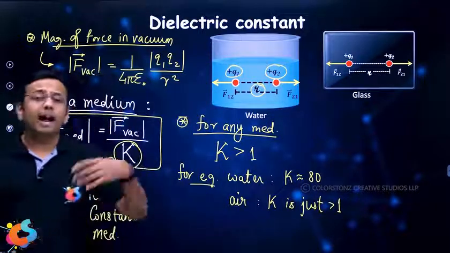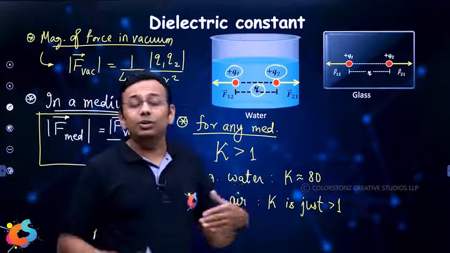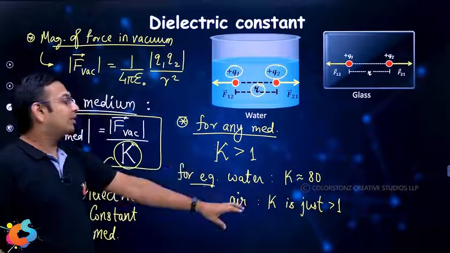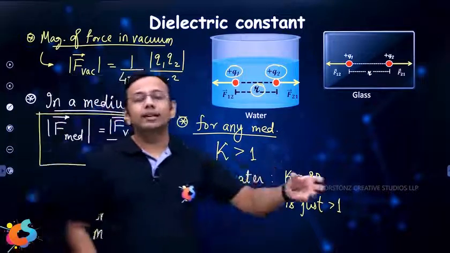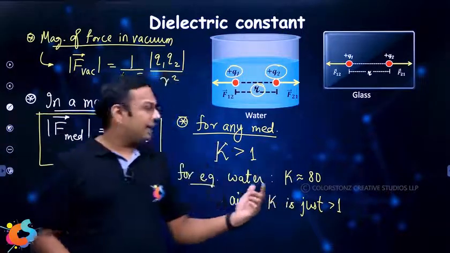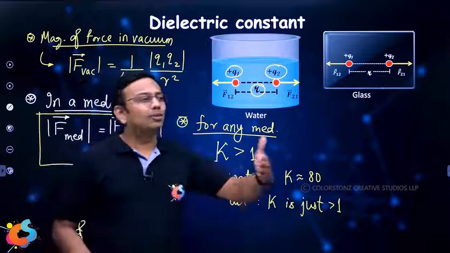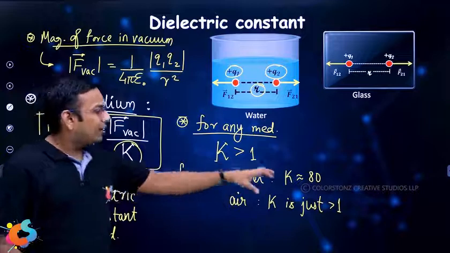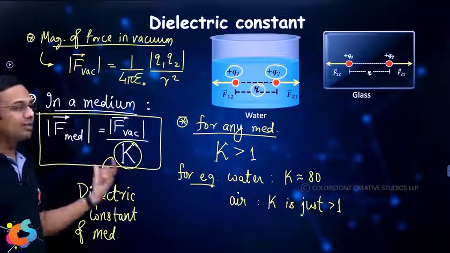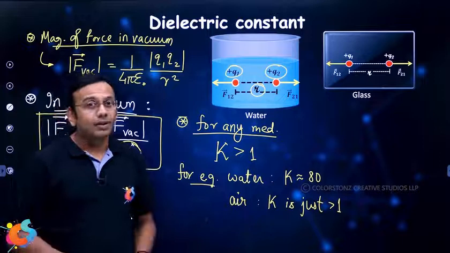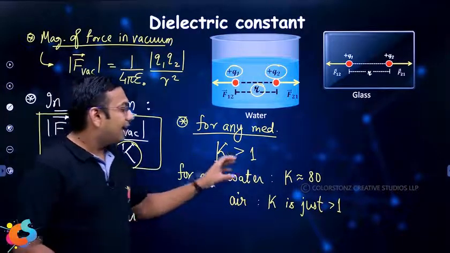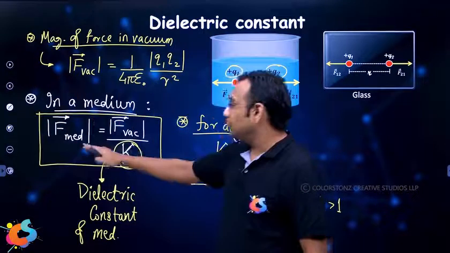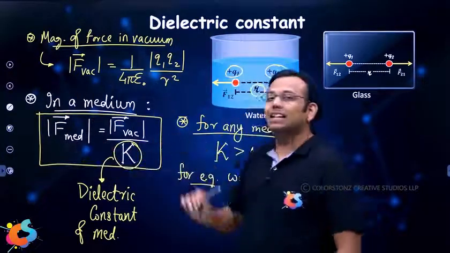For all practical purposes and even for numerical problems, we will treat the dielectric constant of air as nearly equal to 1, because it is something like 1.00 and then some numbers after the second or third decimal place. So it does not affect that much. The force does not reduce by a significant factor. That is why we can treat the dielectric constant for air as nearly equal to 1, and therefore in air, the force will be nearly the same as in vacuum.